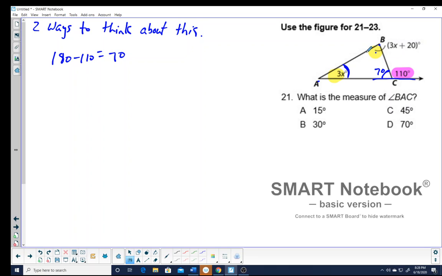Well, now think about what you know about the three angles in a triangle. The sum of three angles in a triangle has to be 180, yes? So if this part right here is 70, what do you know about these two angles here together? 70 plus 110 equals 180. So if this is 70, you know that these two angles here together have to be 110 degrees. And then you could go back and use your equation and say, all right, 3x plus 20 has to be equal to 110, and then solve through it, and you get your 45.